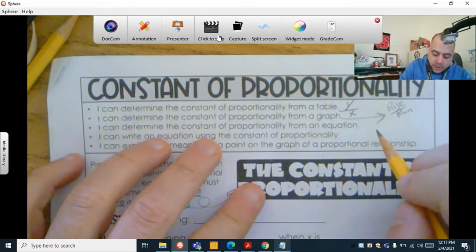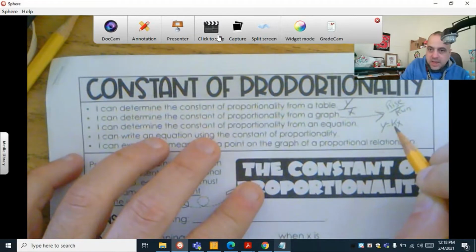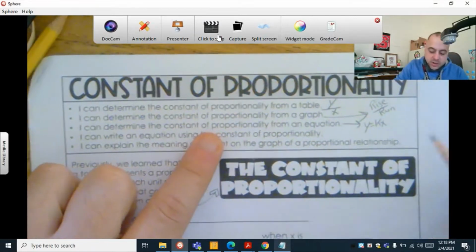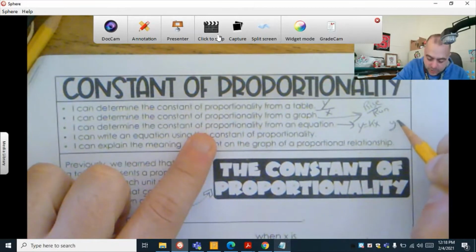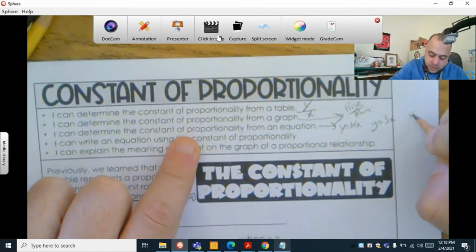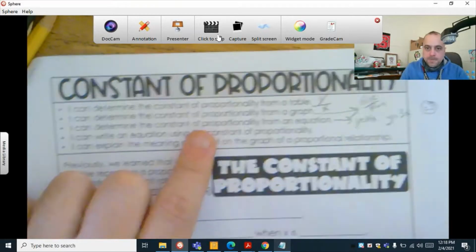Well, that's talking about this stuff, y equals kx, and whatever k is, that's the constant. So if it said y equals 3x, the constant is 3. Alright? Let's look at this one.